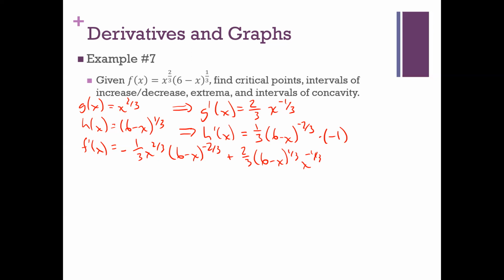To me, it doesn't feel clear where the critical points are yet. So here's something I might suggest: I want to try to make all my exponents positive. Move to the bottom.